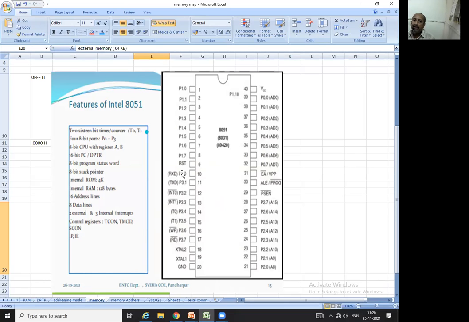So all of it is included in port number 3. Today we are going to focus on pin number 10 and 11, which are P3.0 and P3.1. P3.0 is dedicated for RxD, that is for reception, and pin number 11 is for transmission. We are going to focus on these two, how this serial communication is going to happen, and which registers are related with this serial communication.